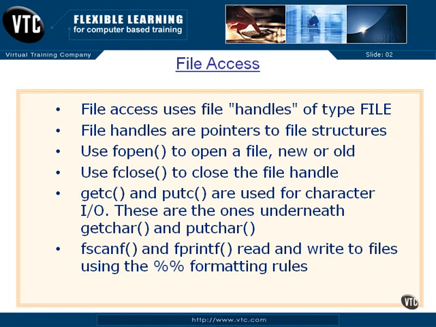So it opens it and it prepares you to be able to write onto the end of the file. fclose is what we use to close the file handle and release the buffers, and very important to flush information out of the buffers onto the file system so that it gets closed and written to disk properly.